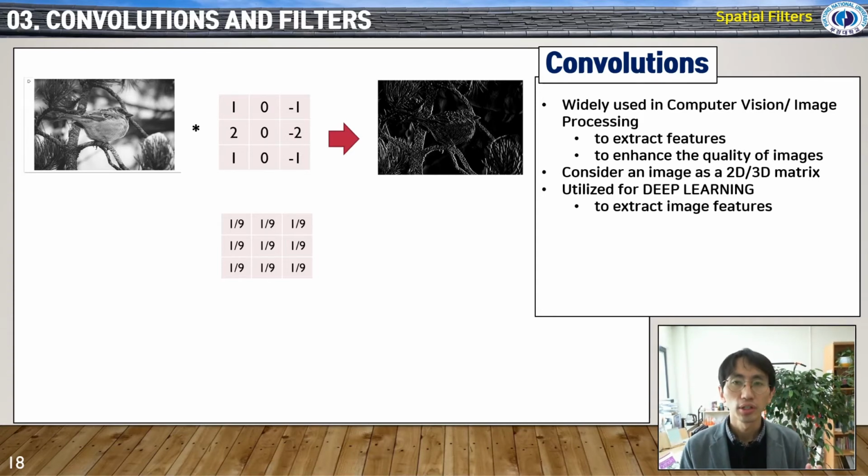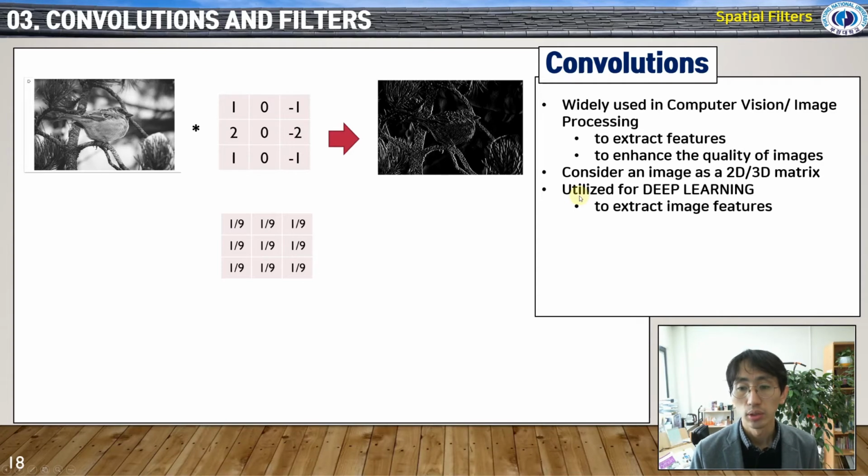We can consider gray images as a 2D matrix and color images as a 3D matrix, because in gray images we have the intensity value for each pixel, and in color images we have color information for each pixel, which means RGB. So we have three values for one pixel. So this becomes a 3D matrix.